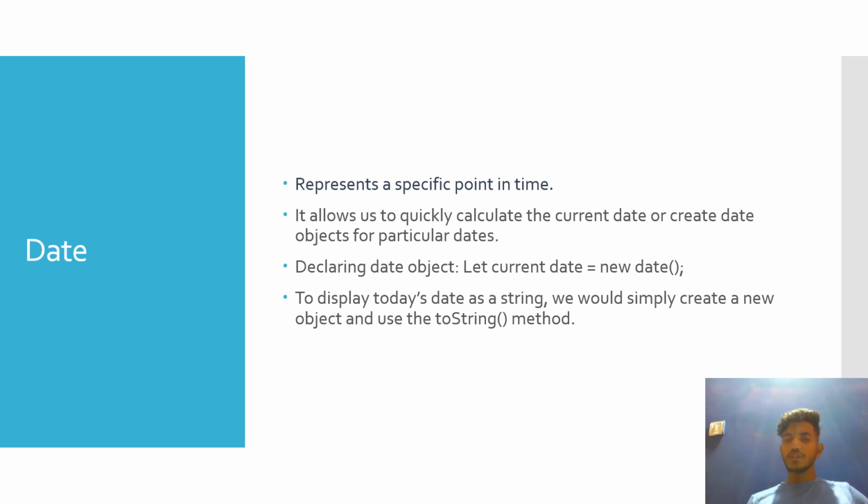To display today's date as a string, we should simply create a new object and use the toString method to convert the date into a string.